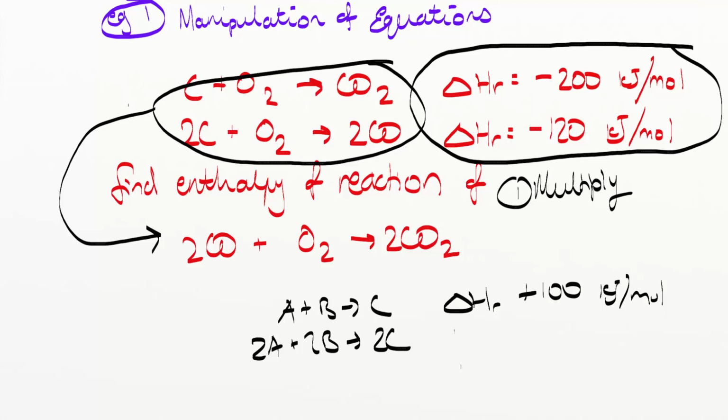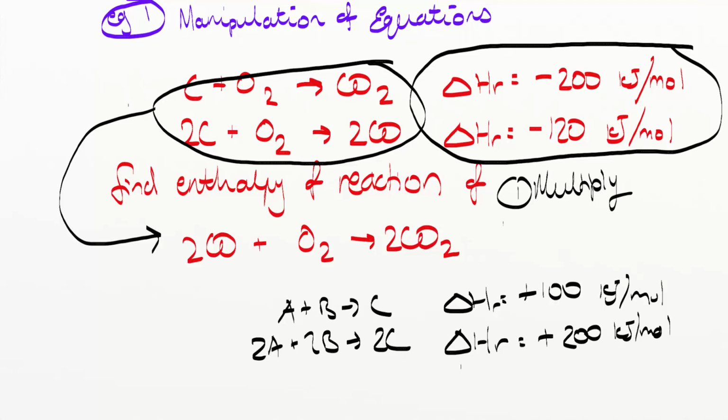And what you do here is change the delta HR value correspondingly by multiplying it by the same factor. So over here we have A plus B forms C, and this has become 2A plus 2B, 2C. So the delta HR value is now going to equal plus 200 kilojoules per mole. Okay, so we can do that.